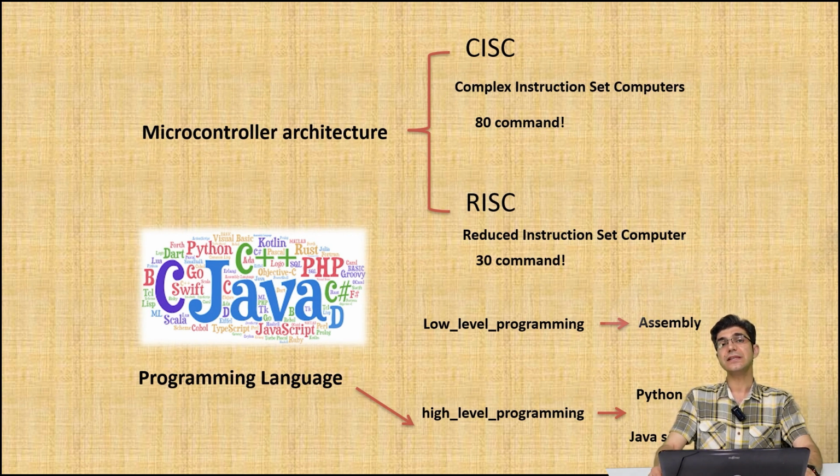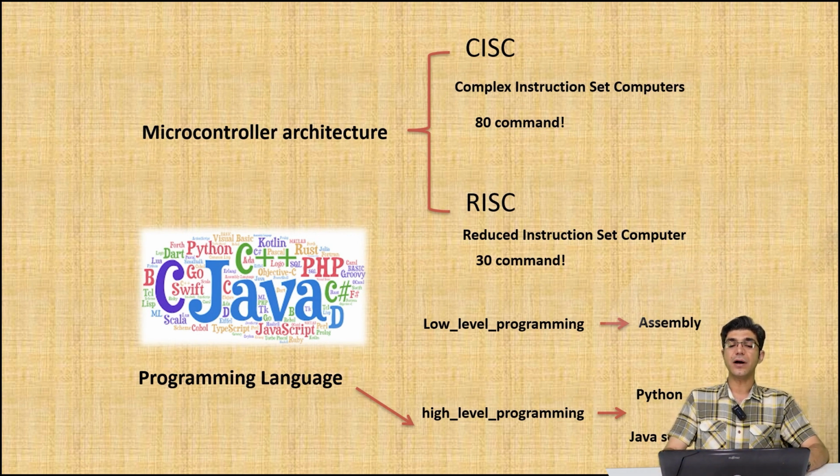Why? Because with very few commands, they can usually use high-level languages. So as you can see, here there are 80 commands, and this one is just 30 commands. It means working and programming with RISC is much easier than with the other architecture.